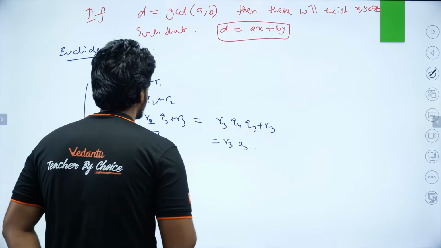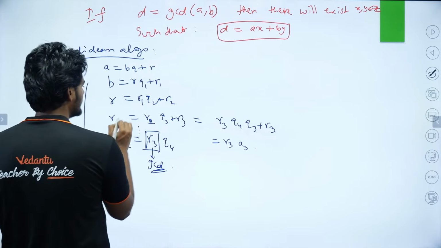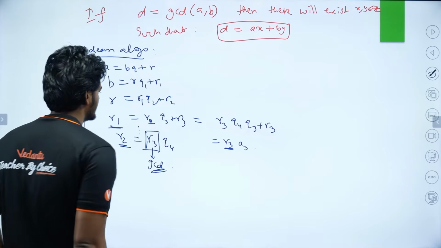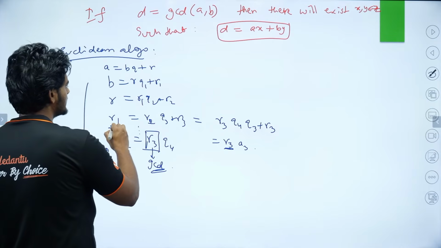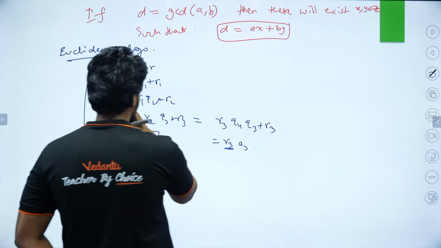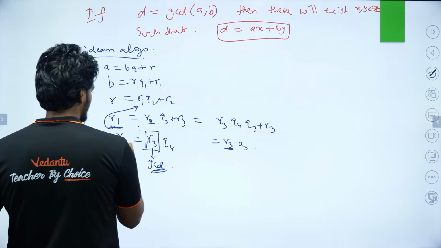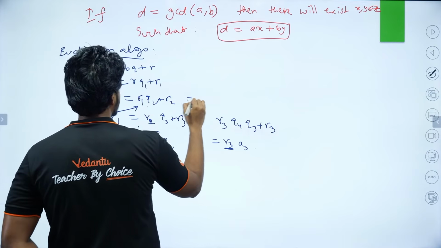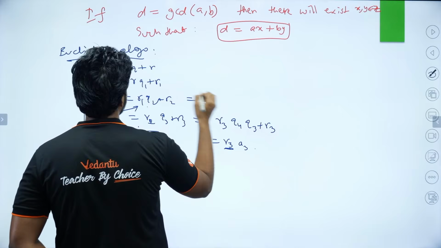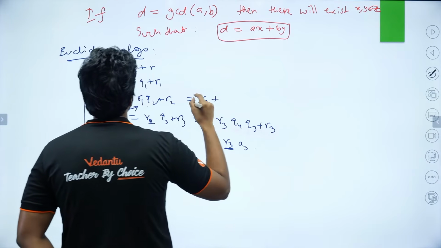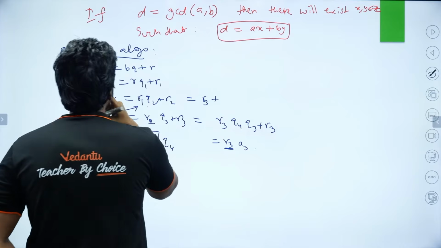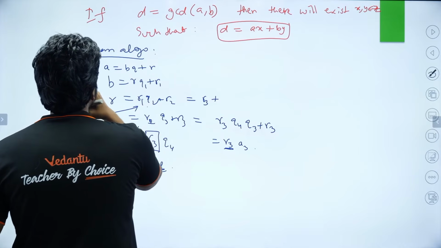So we wrote R1 in terms of R3. Now we put the R1 here, and we can write R2 in terms of R3 as well. So this can be written in terms of R3 plus something.